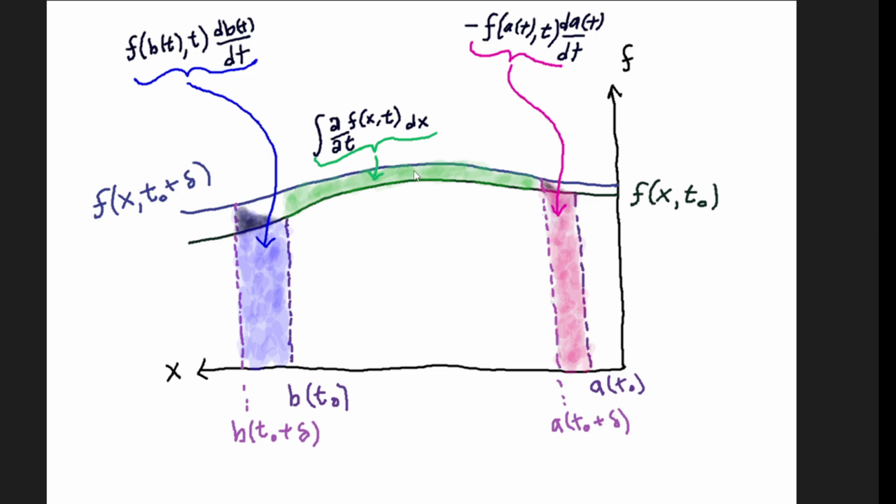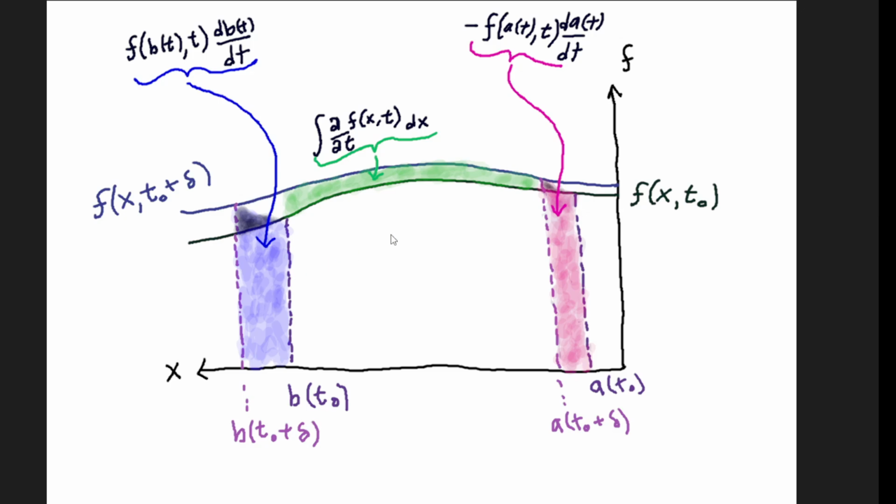It's taking into account this area here. This is the graph of the function in x coordinate and time, starting at time 0. And then a short time later, the function has changed its location. That change in the shape of the function with respect to time, in the body of the function, is accounted for by this integral.